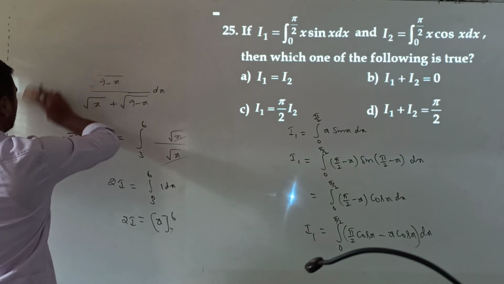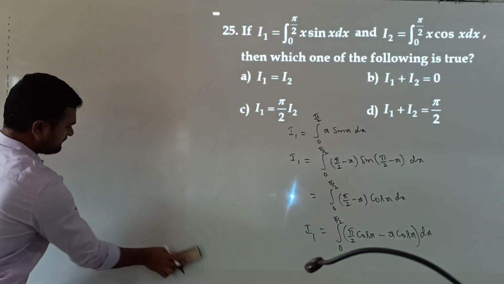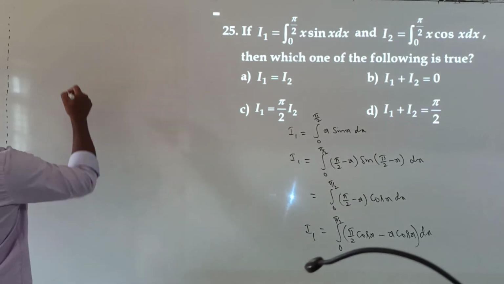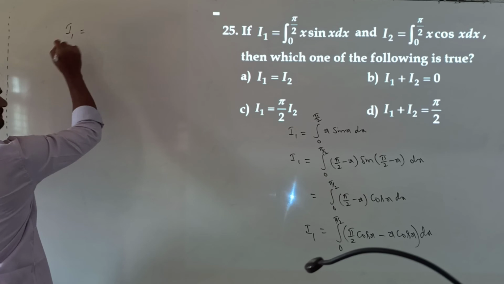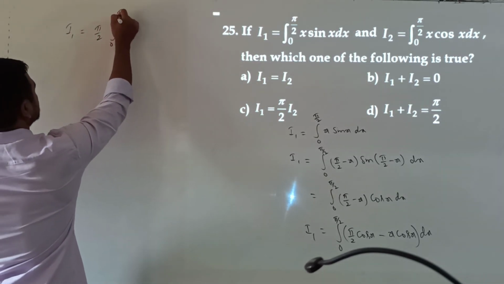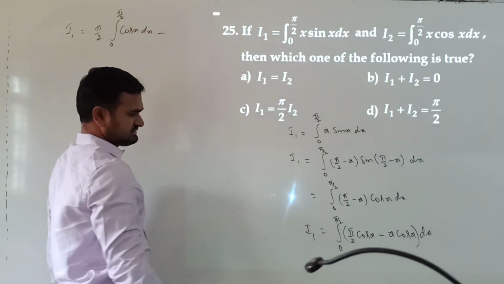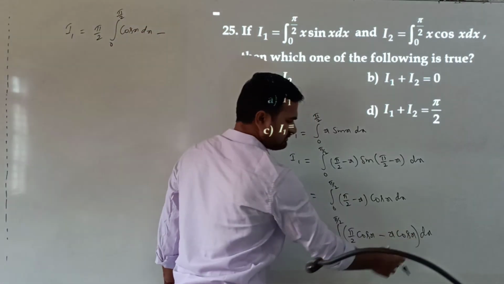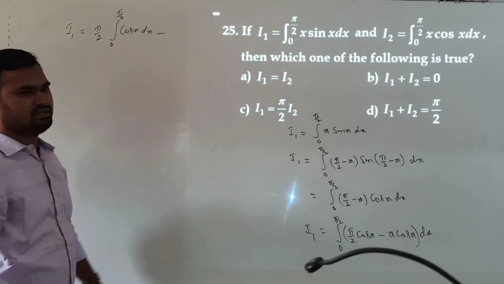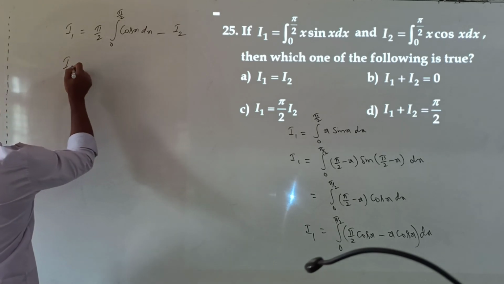Here we are trying to write I1 in terms of I2, or you can take I2 and write it in terms of I1. So I1 is, pi by 2 is a constant, so take it outside: integral 0 to pi by 2 of cos x dx minus integral 0 to pi by 2 of x cos x dx, which is nothing but I2. So this is I2. Now bring this to this side.